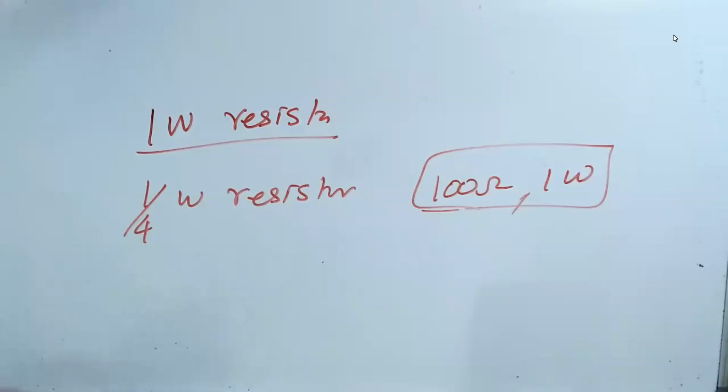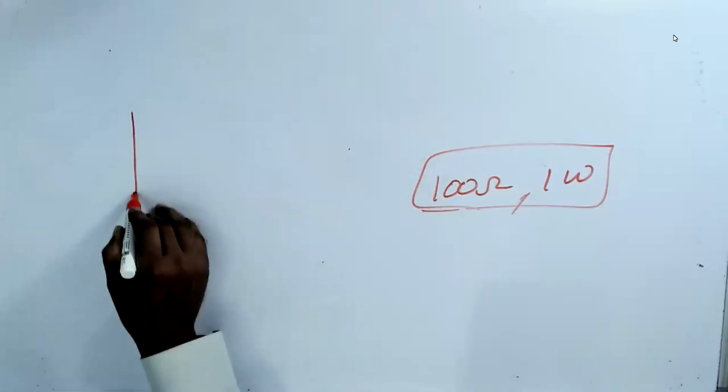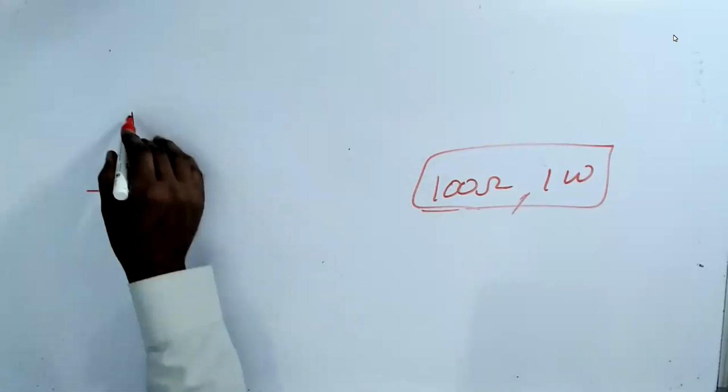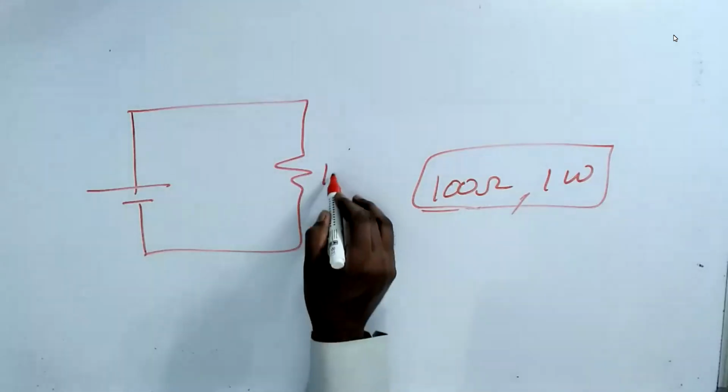So it's like this. Assuming that I have a circuit, I put the resistor, which is 100 ohm.